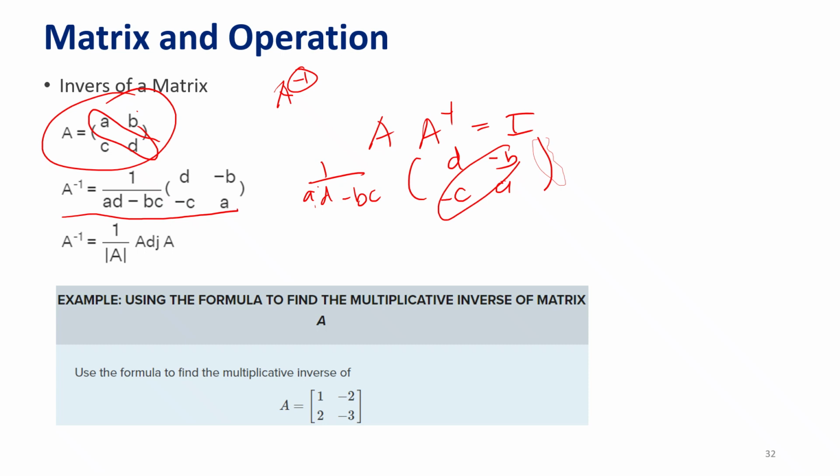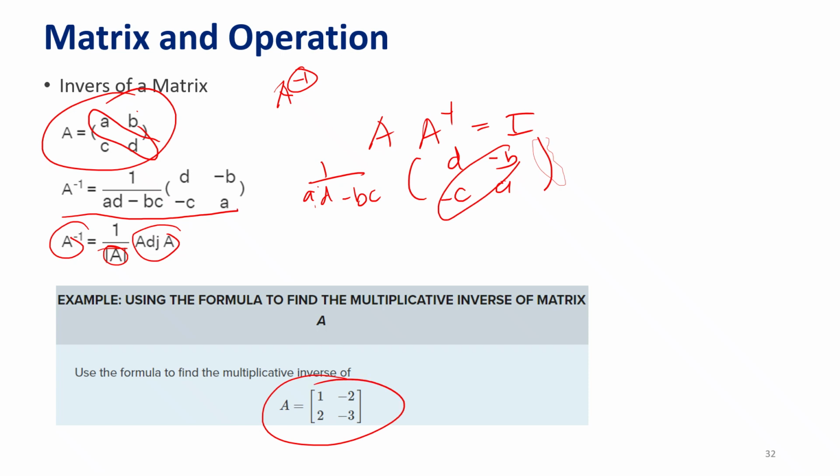Okay, so basically A inverse will be 1 over this value, and the adjugate matrix. When you swap the values of A and D and change the sign of B and C, it's called the adjugate matrix.